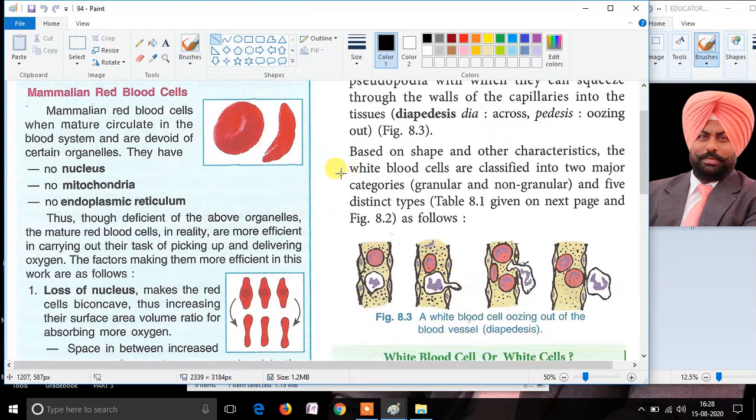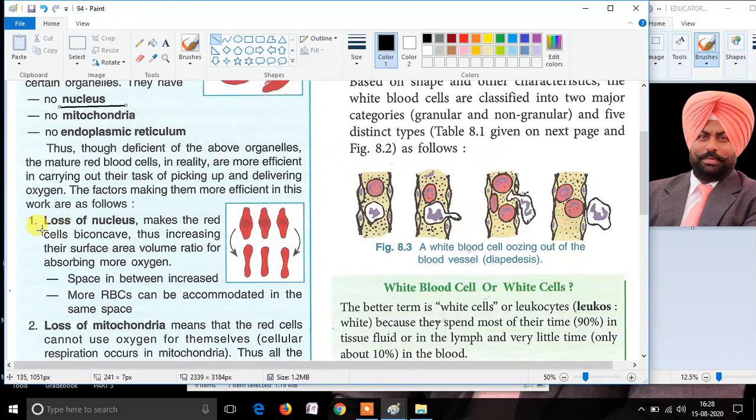Few more things about the red blood cells. The one thing we have just studied is that the red blood cells were having the nucleus when they were born, and the nucleus degenerates, and when the cell becomes mature, it is enucleated.